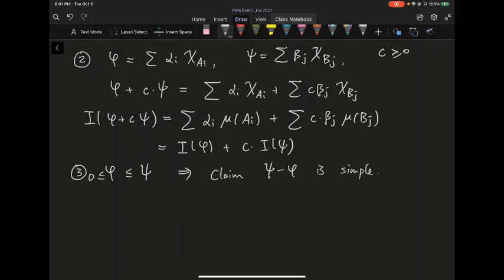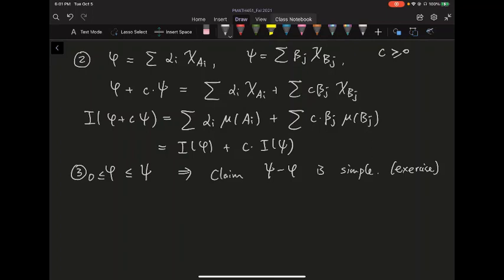I'm not going into detail, this is an exercise, but one way to do it is to show that a function is simple if and only if its range is finite, assuming it's measurable. Because the ranges of psi and phi are finite, their difference also has finite range, so it must be simple as well.